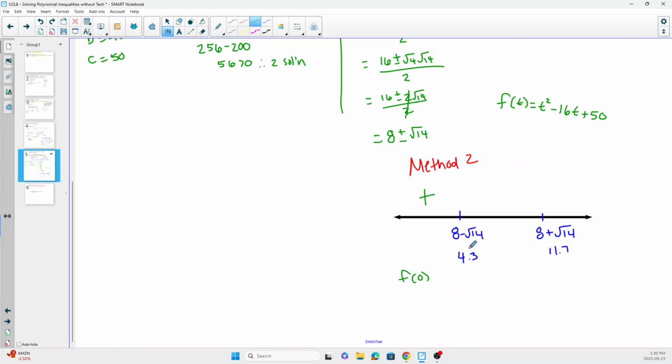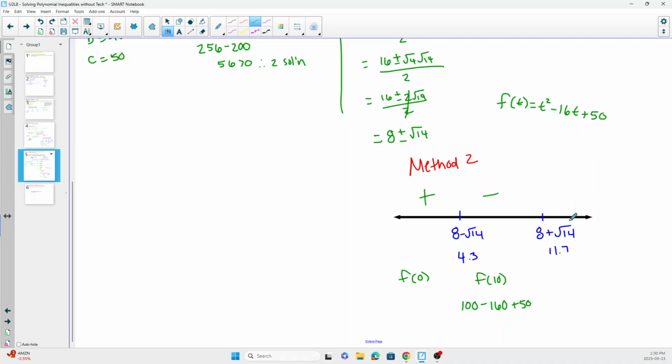But we could also go a little further. What's something between 4 and 11 that would be easy to substitute in? I'm thinking 10, because if I sub 10 in, I've got 10 squared, which is 100, minus 16 times 10, which is 160, plus 50. 100 minus 160 is negative 60, plus 50 is still negative.